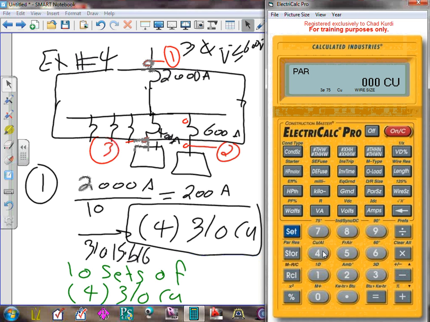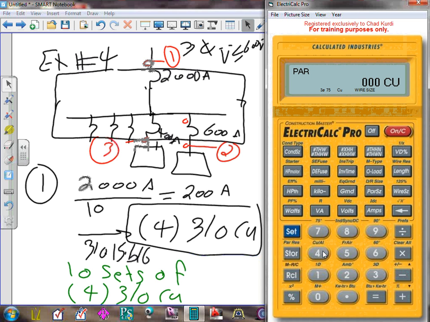Any question, guys? Yeah, after you parallel, to get the right amount of amps for those panels, like 600 amp and then 400 amp, you just have to bring in so many of those conductors. Yeah, they're sharing the amps.